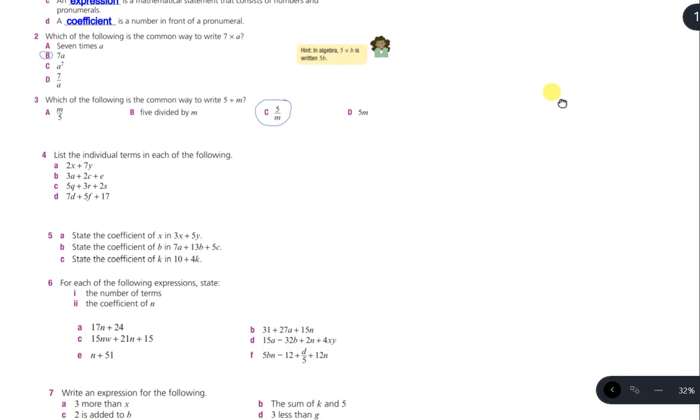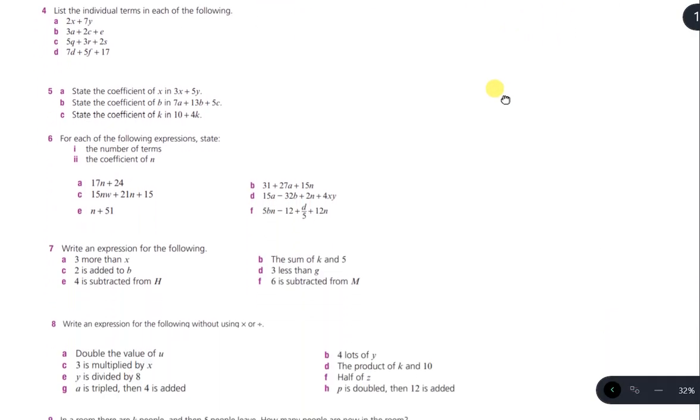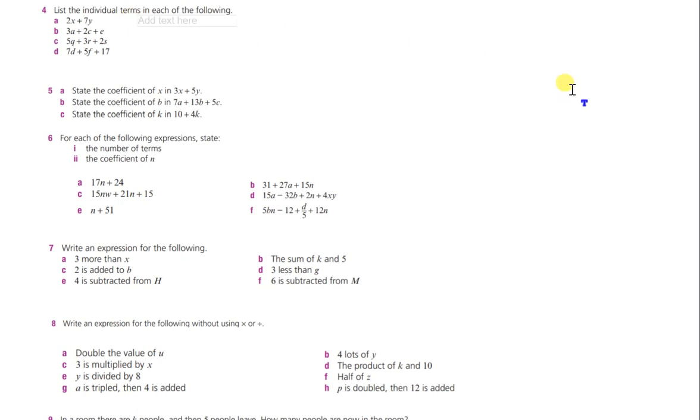Okay, let's be continuing on. List the individual terms in each of the following. Okay, for the first one, you've got 2x's and you've also got 7y. For the next one, you have 3 of a, you've got 2 of c, and you've got a single e.